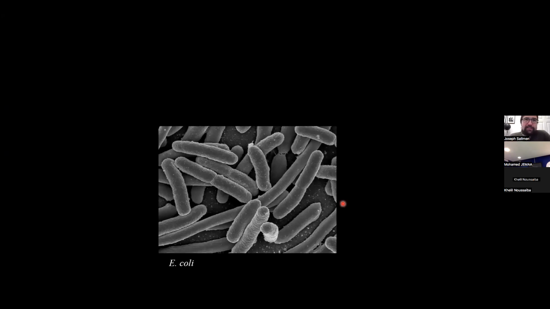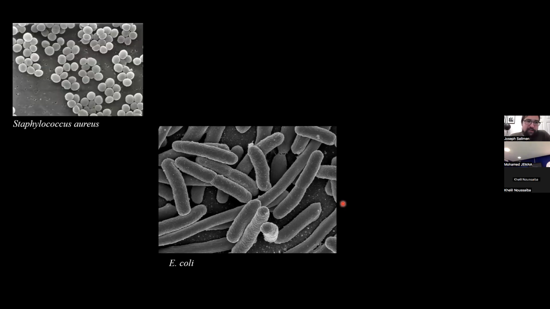E. coli is a pretty classic rod-shaped bacterium that divides by binary fission. It's almost an original sin in bacteria when we talk about how bacteria work. A lot of the time people think of how E. coli works, and not how bacteria actually work.